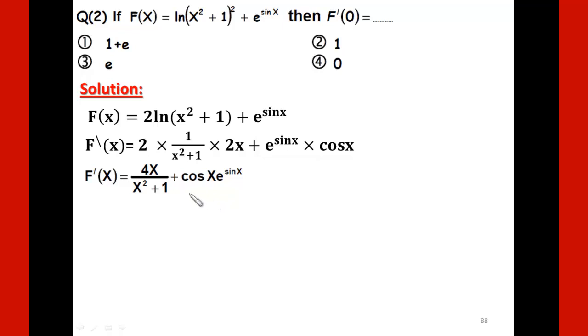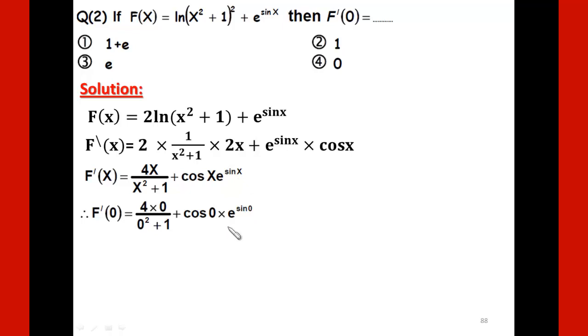And the requirement here is to find f dash of 0. So you substitute x equals 0, then f dash of 0 equals 4 multiply 0 over 0 power 2 plus 1, plus cosine 0 multiply e power sine 0.